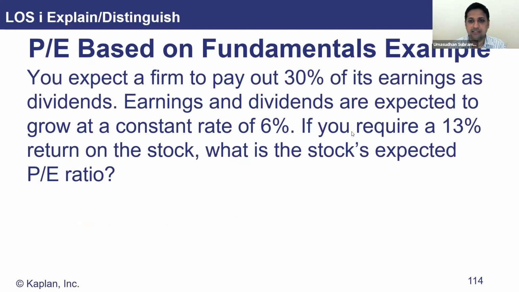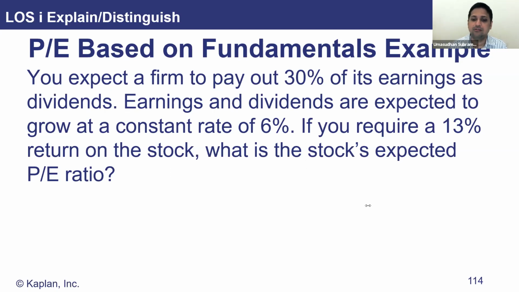Look at this. Now what's happening? PE ratio, look at this. You expect a company to pay out 30% of its earnings as dividends. So that's your payout ratio, the numerator in your equation. Earnings and dividends are expected to grow at a constant rate of 6%. If you require a 13% return on the stock, and that becomes your cost of equity, what is the stock's expected PE ratio?